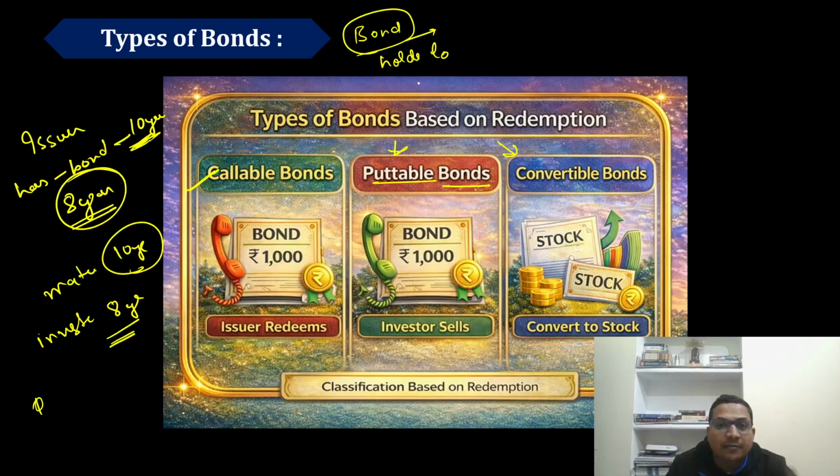You have lent money. You are not an owner of that company. You are just a creditor to that company. At the time it comes due, you will take that money back. You do not become a partner in the company.